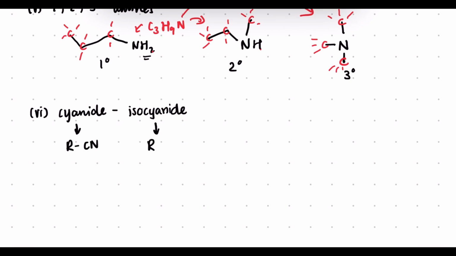Isocyanides are RNC. And now from that, you can just connect the dots. These 2 are isomers. And since the R is the same in both, obviously that won't matter. Just the functional group is changing from cyanide to isocyanide. So those are all of your functional isomers. Let's move on to the next type.